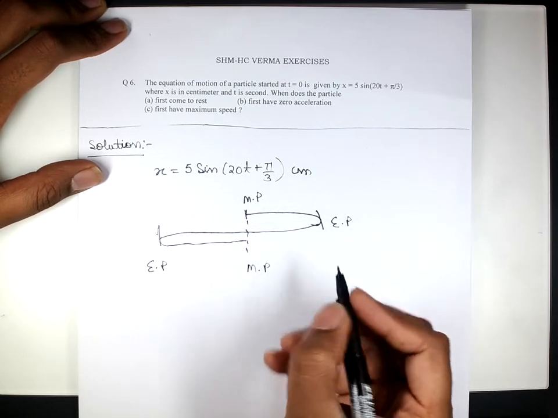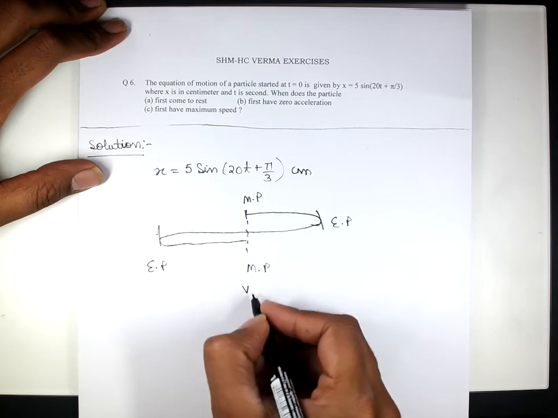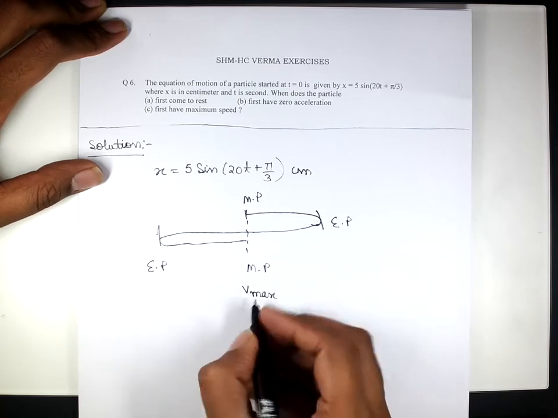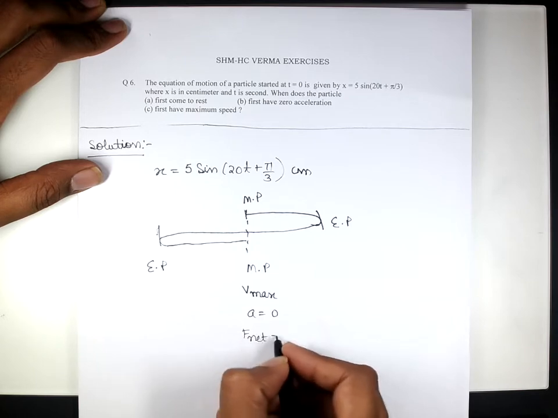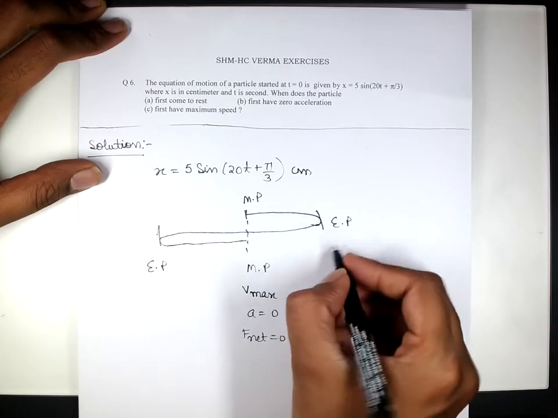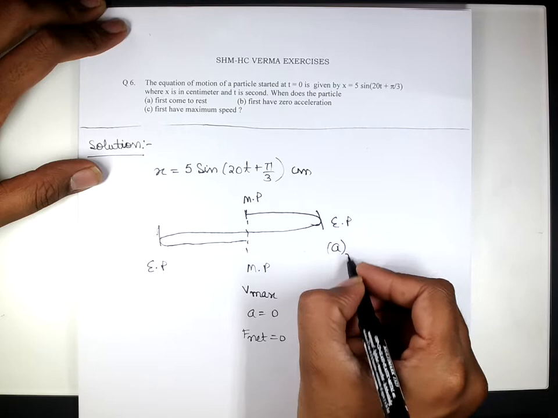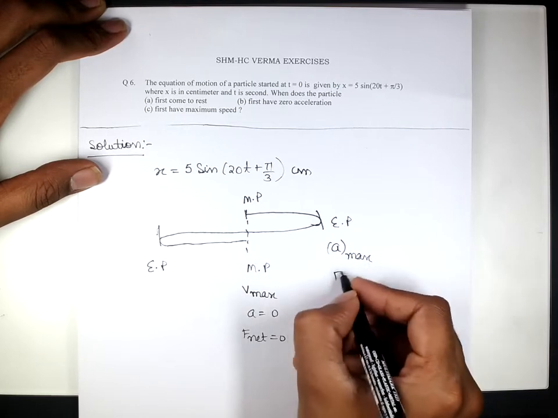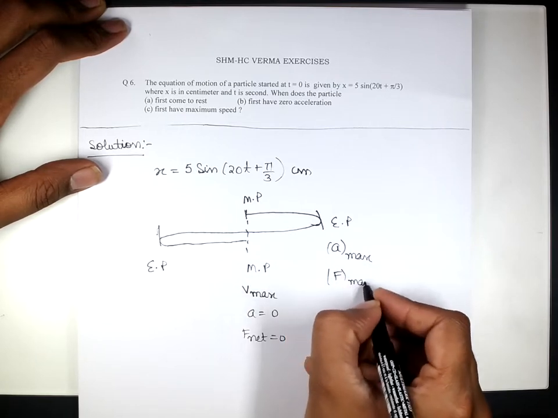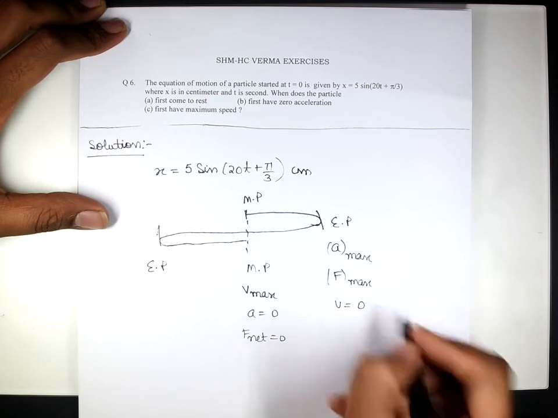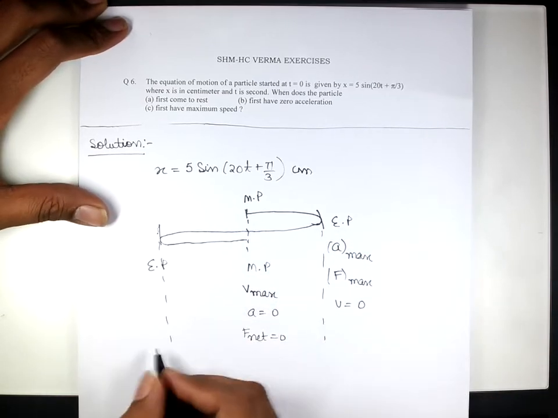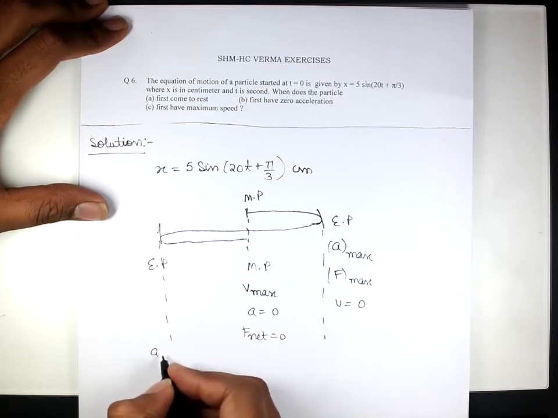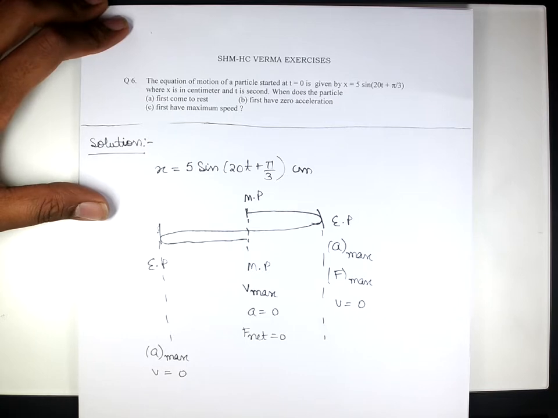At mean position, velocity is maximum and acceleration is 0, or net force is equal to 0. At extreme position, acceleration as well as force is maximum but the velocity is equal to 0. This happens for the positive extreme as well as the negative extreme.